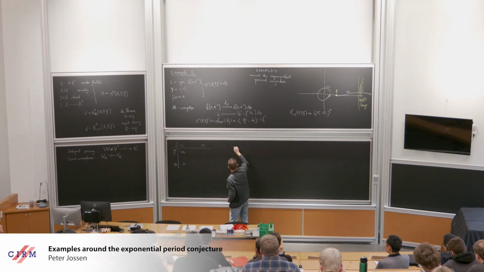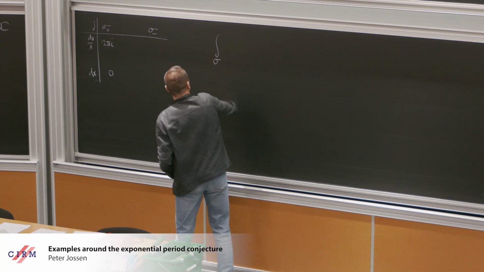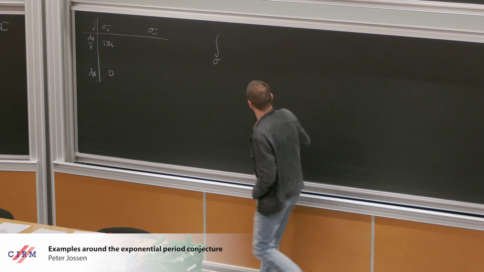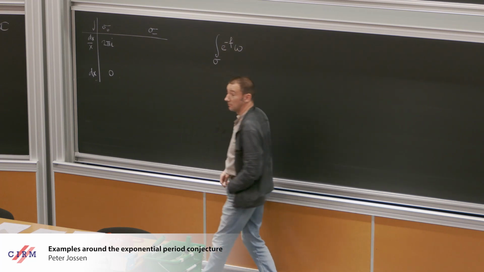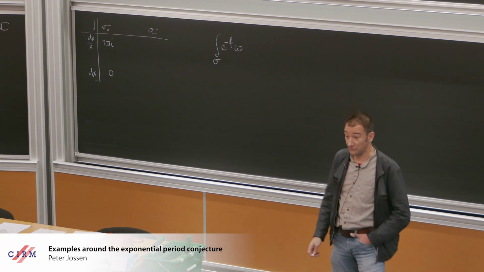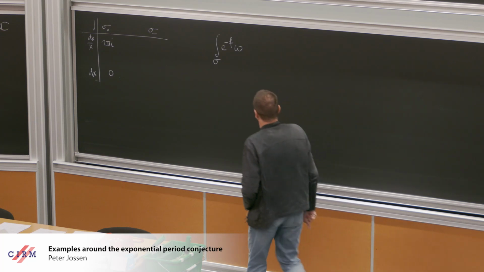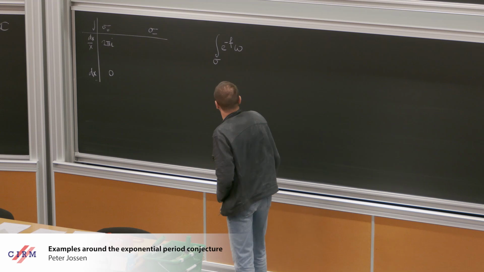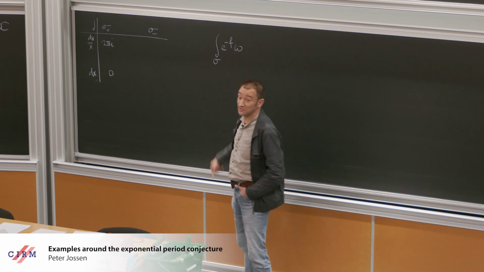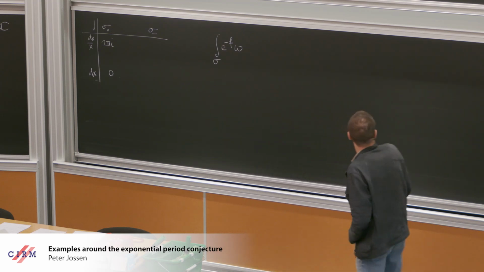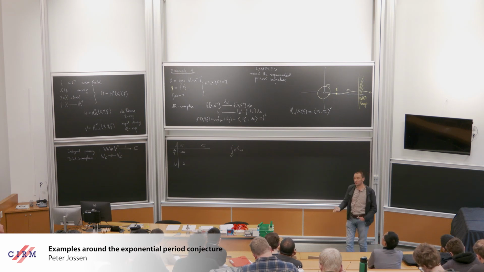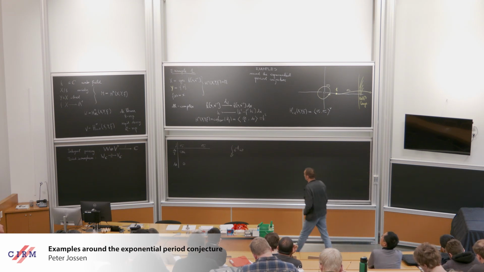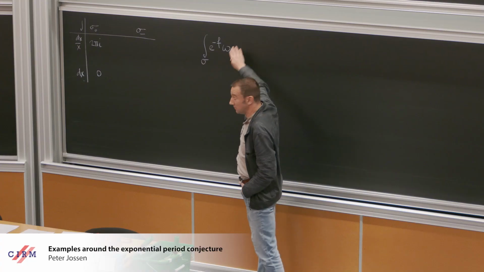Let's do it here. So the integral I'm looking at is the integral over some cycle of e to the minus f against the differential form omega. So the whole thing becomes interesting because of the presence of this exponential here, and that's why I'm allowed to choose cycles that go somewhere where the real part of f goes to infinity, which makes this thing converge.